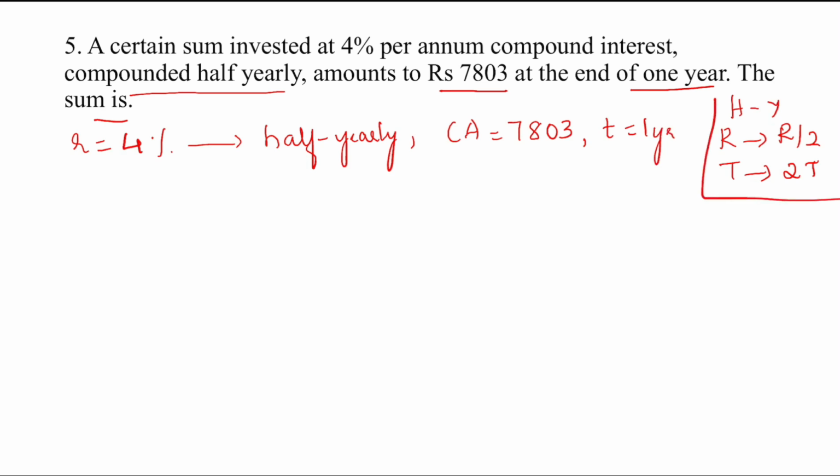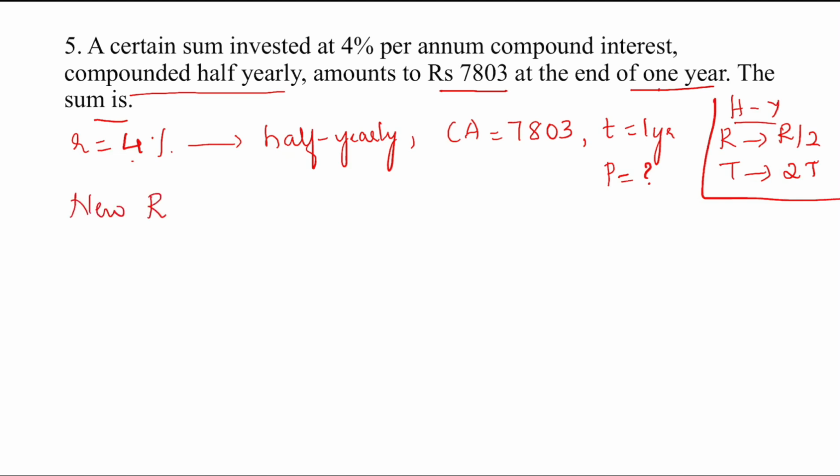Then the principal is how much? The sum is how much? Sum is nothing but principal. Now this 4% is for 1 year, but we have to compound it half yearly, isn't it? So what will be the new rate?